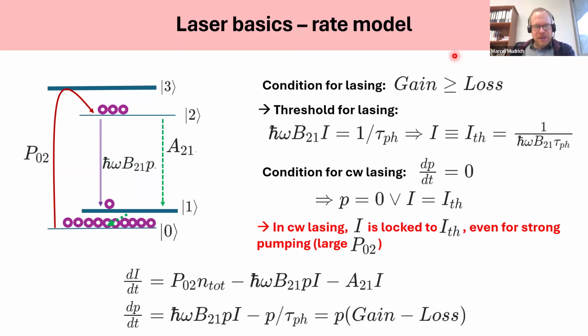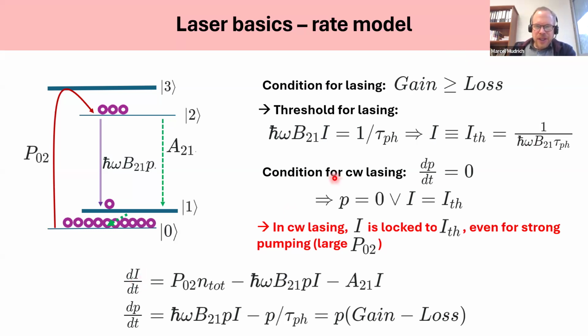But just to connect to yesterday's presentation, this is one of the last slides that we were looking at. This was a very simple rate equation model to describe laser activity, which essentially describes the active medium in a laser by the main figure of merit, which is the inversion.